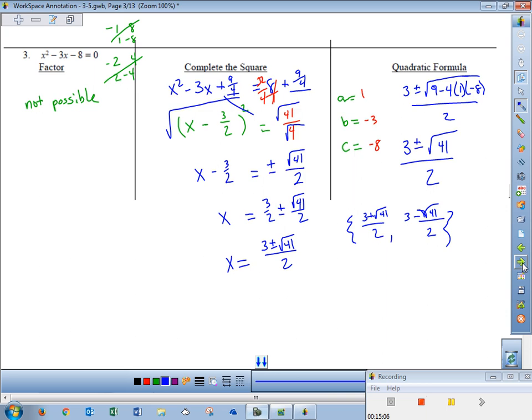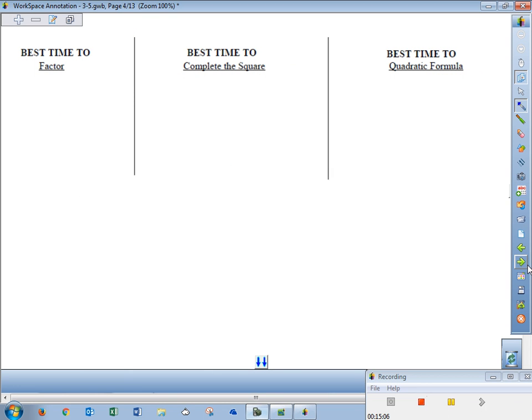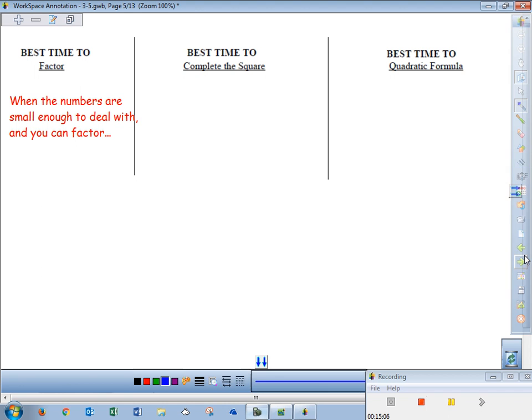So, to our next part right here, let's write down when's the best time to factor, when's the best time to complete the square, and when's the best time to do the quadratic formula. Here's the best time to factor. The best time to factor is when the numbers are small enough to deal with. Some of these quadratics we'll see on the back side will be factorable, but the numbers are just too big.